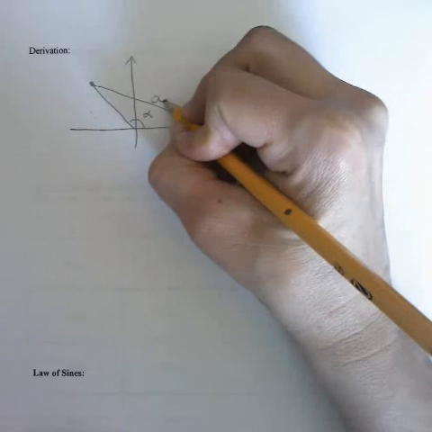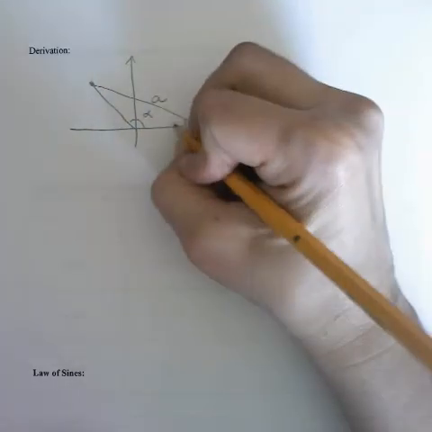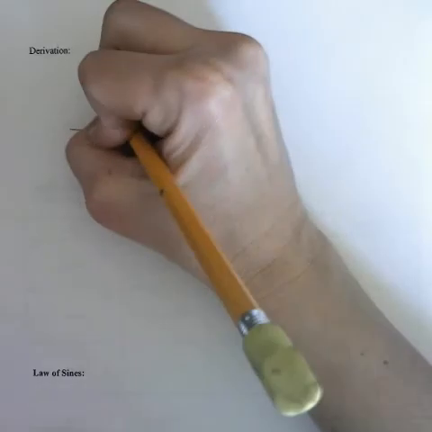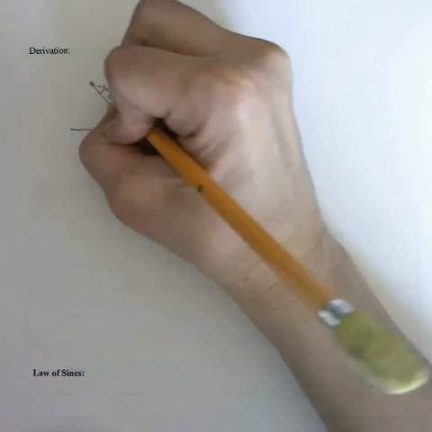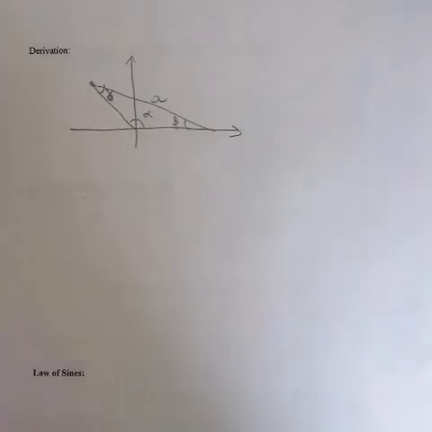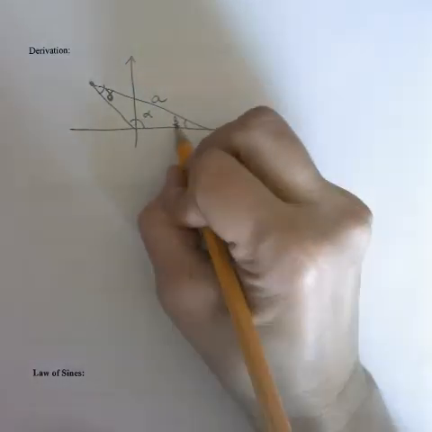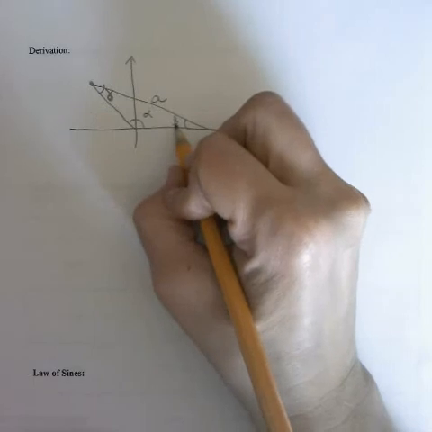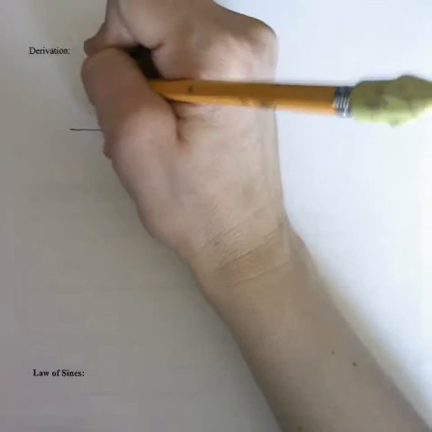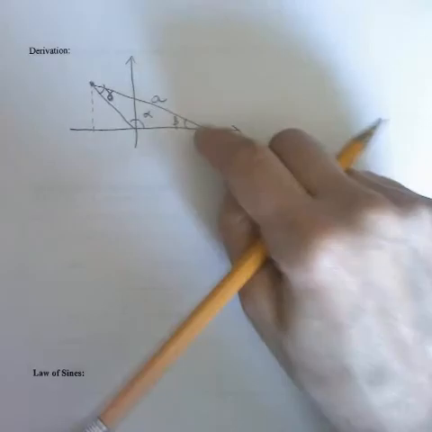And then I'm going to label this as beta, and this is gamma. Right, so this triangle doesn't have a right angle. And then we're going to focus on the sine of beta. And if we want to find, just think about this right triangle right here.